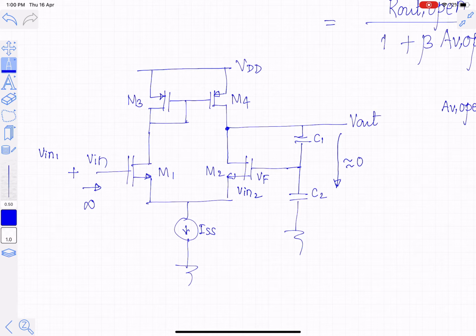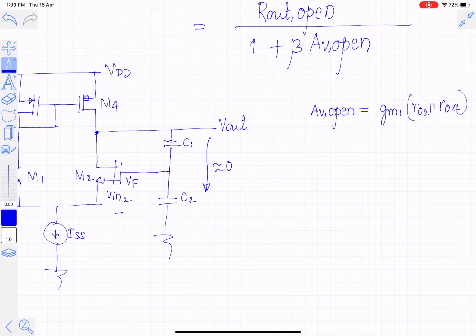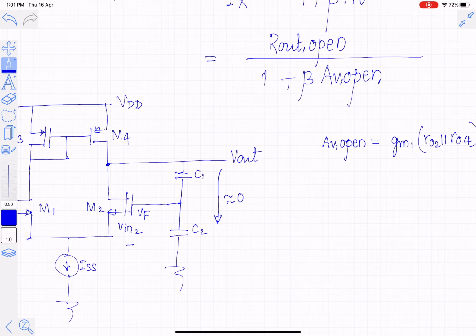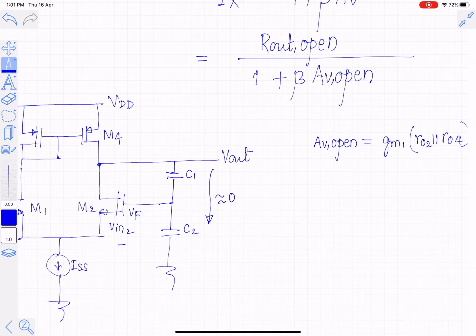If you apply a voltage on the input side Vin2 and increase it, the output will decrease, and that's why it is called an inverting terminal, shown by a minus sign in the symbol. Because input is applied on the Vin1 side, we are writing the expression for the open loop gain.